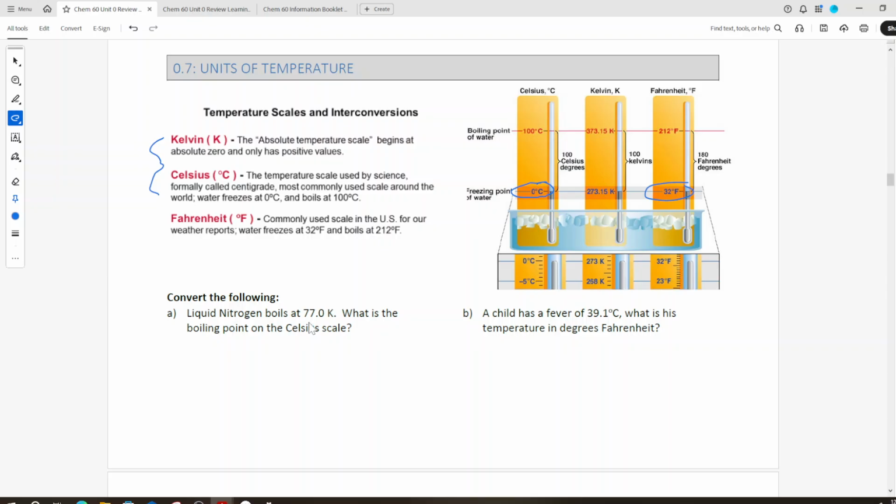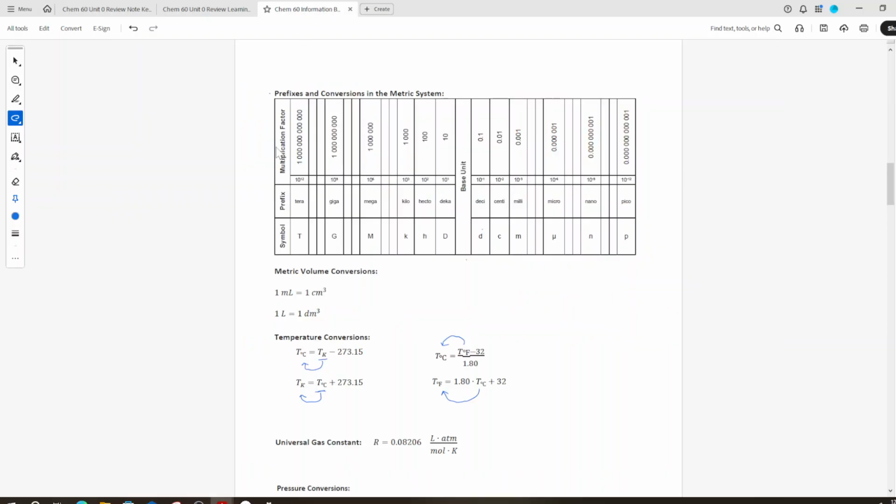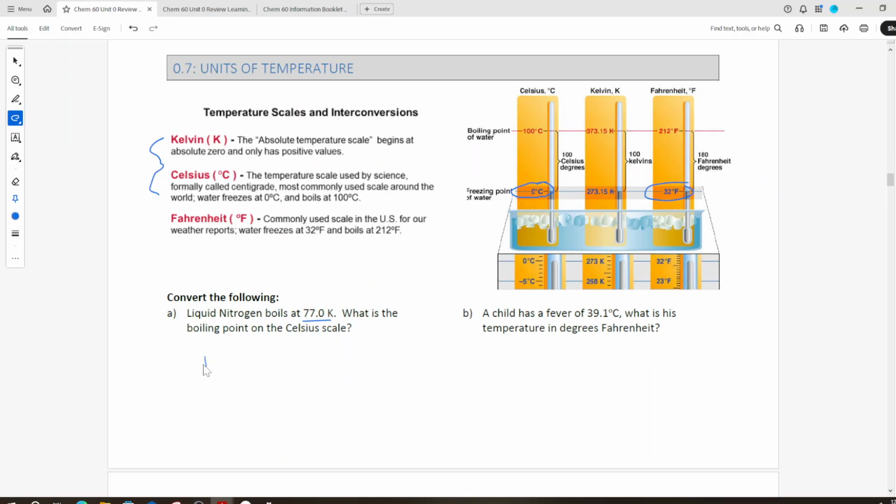Here we go. Liquid nitrogen boils at 77.0 kelvins. What is the boiling point on the Celsius scale? We're going to convert from kelvins to Celsius by subtracting 273.15. So the temperature in degrees Celsius will equal the temperature in kelvins minus 273.15.